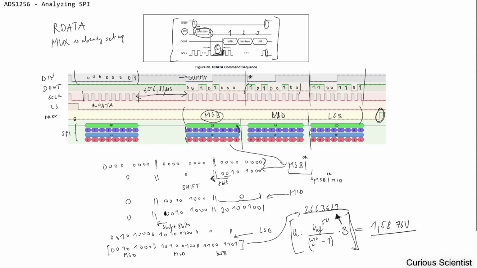So basically you send out the RDATA command, wait a little bit, and then you receive the MSB, mid byte, and the LSB, and at each receiving sequence, you have to shift the data, so at the end you will get your number in the proper order, which is visible down here, and then you just send this towards the computer, or you can convert it on your microcontroller as well if you have enough resources, and just print the final value after the conversion.